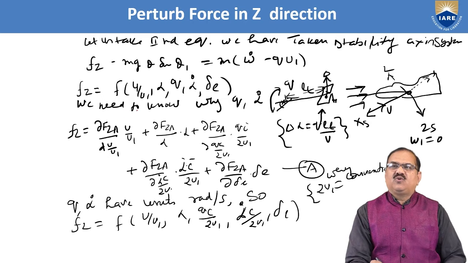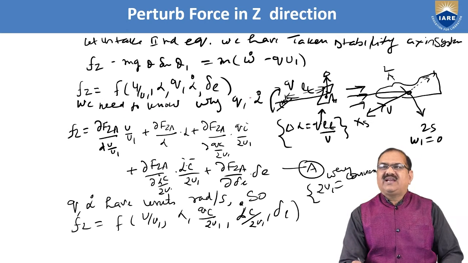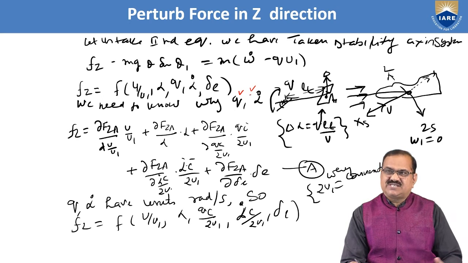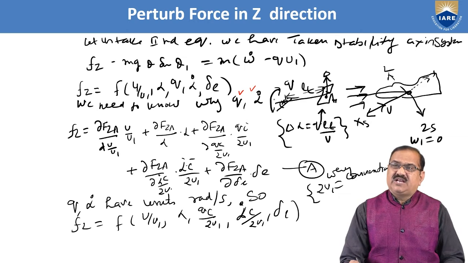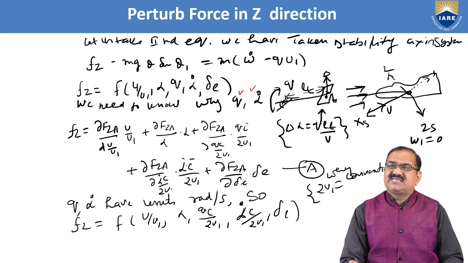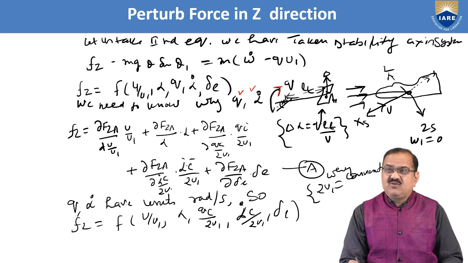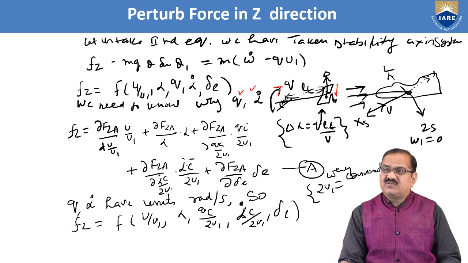Here we need to know why q and alpha dot. Why do we have to choose these? We can see in this diagram, and I have already explained here, that when we make this change in pitching moment rate, when we give this q and here is an angle alpha, due to this the tail will go down.